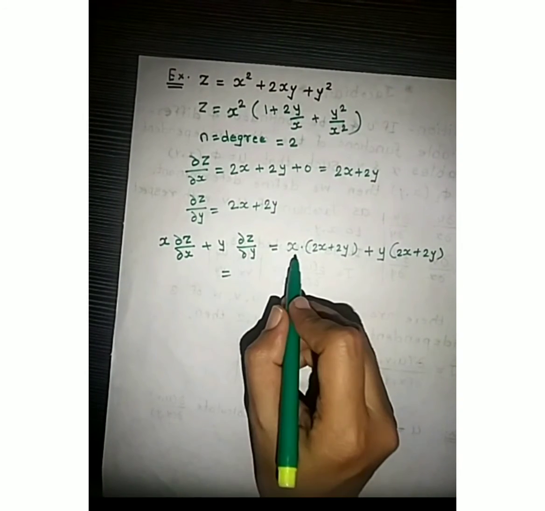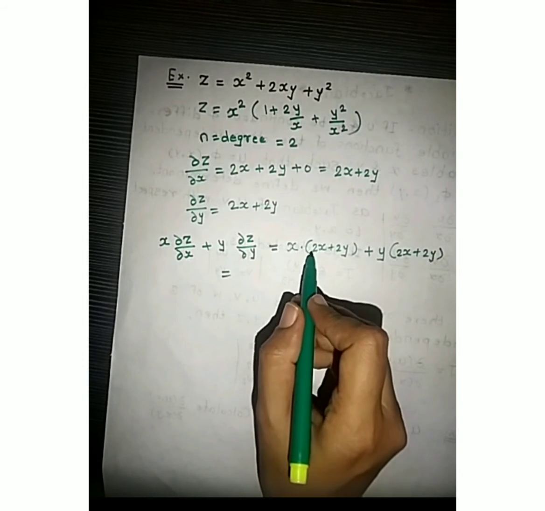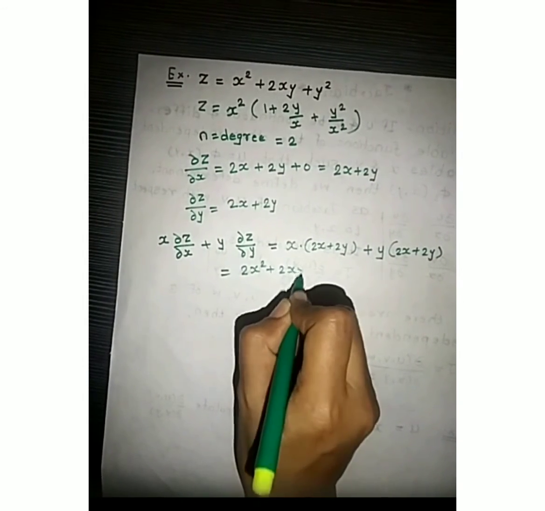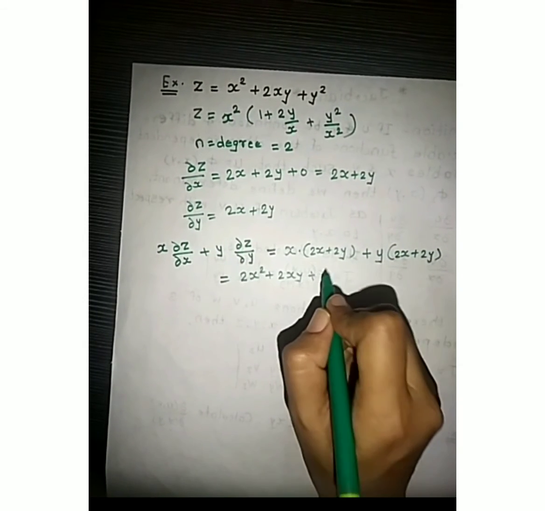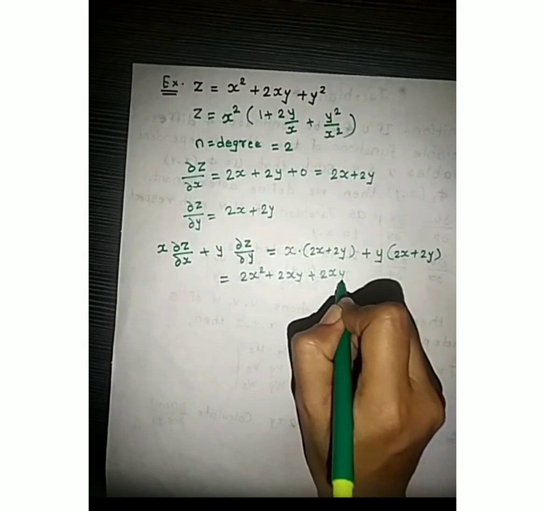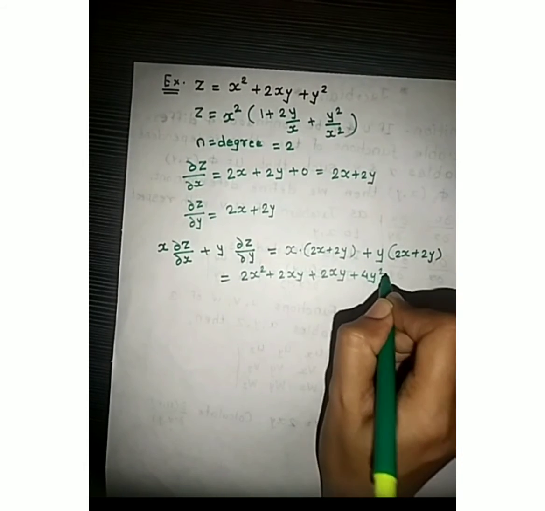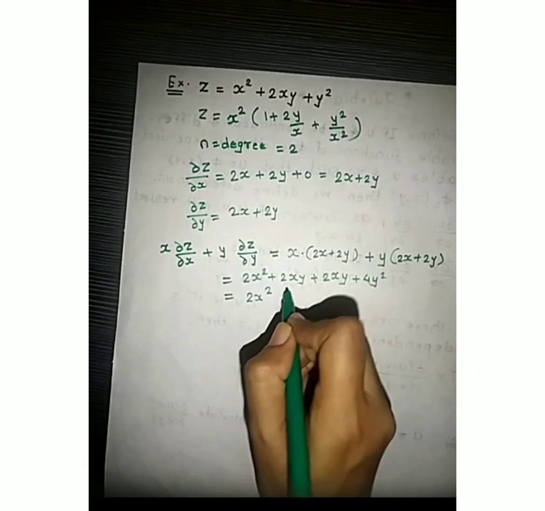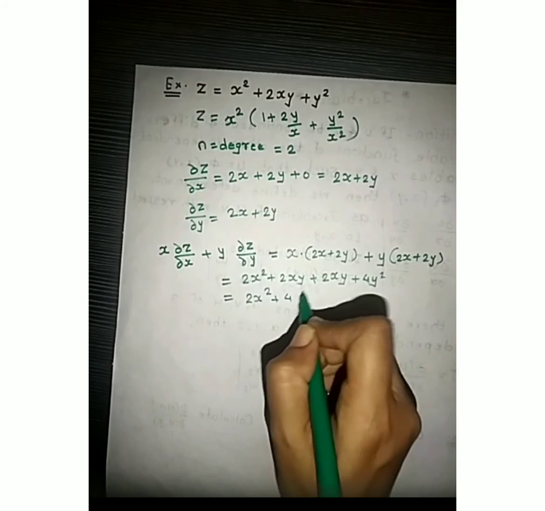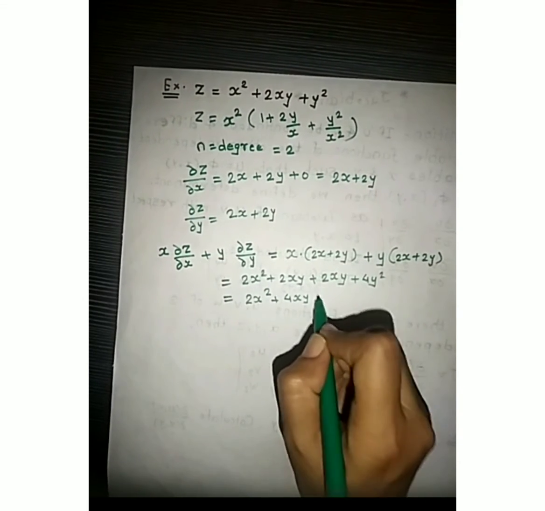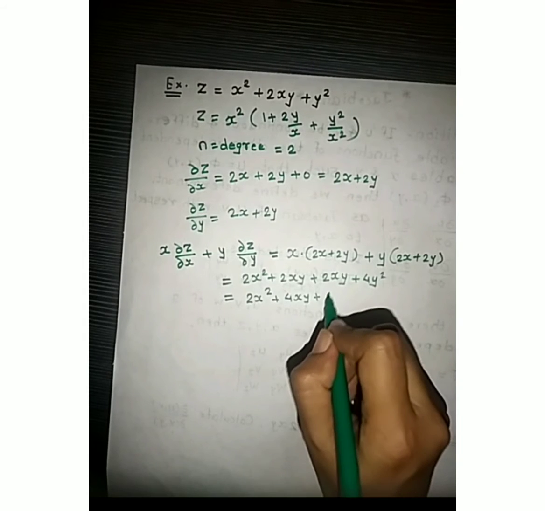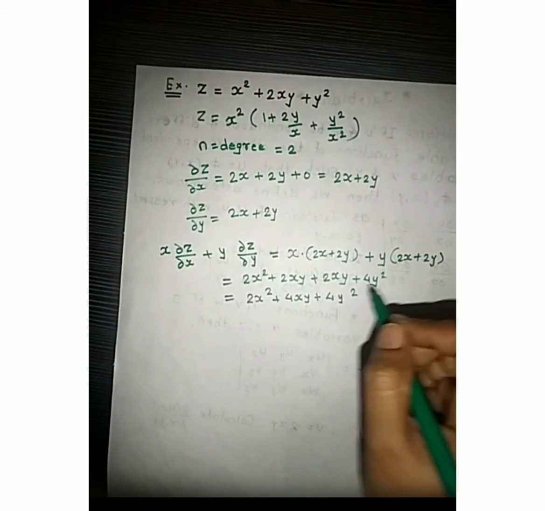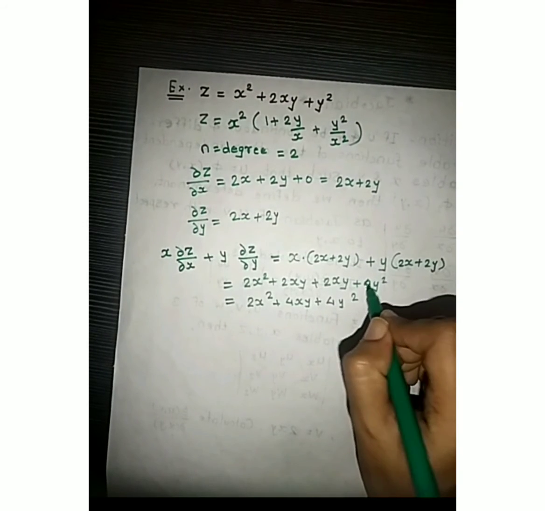When we multiply x inside, it is 2x square plus 2xy. When we multiply y inside, it is 2xy plus 2y square, which is equal to 2x square plus 4xy plus 2y square. Sorry, this is 2 into y, 2y square.